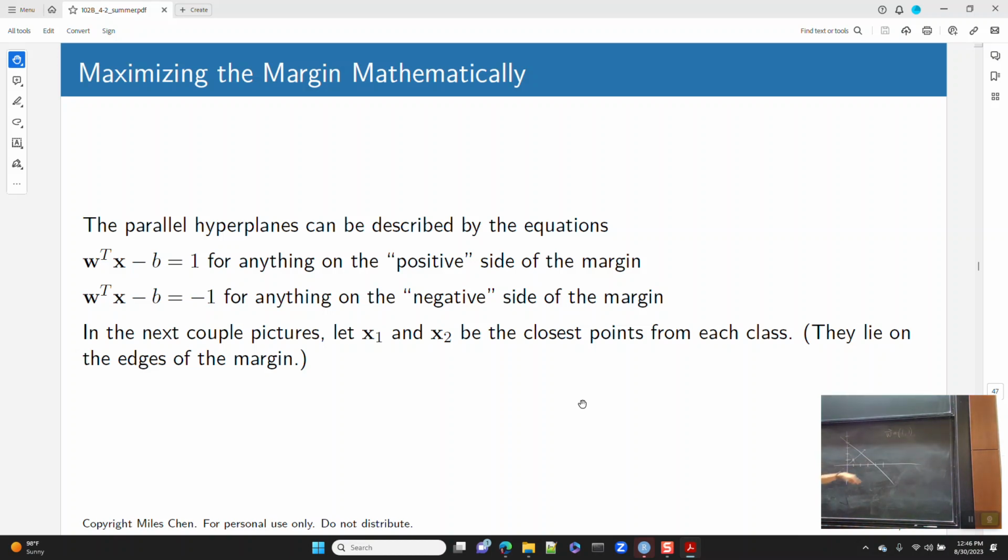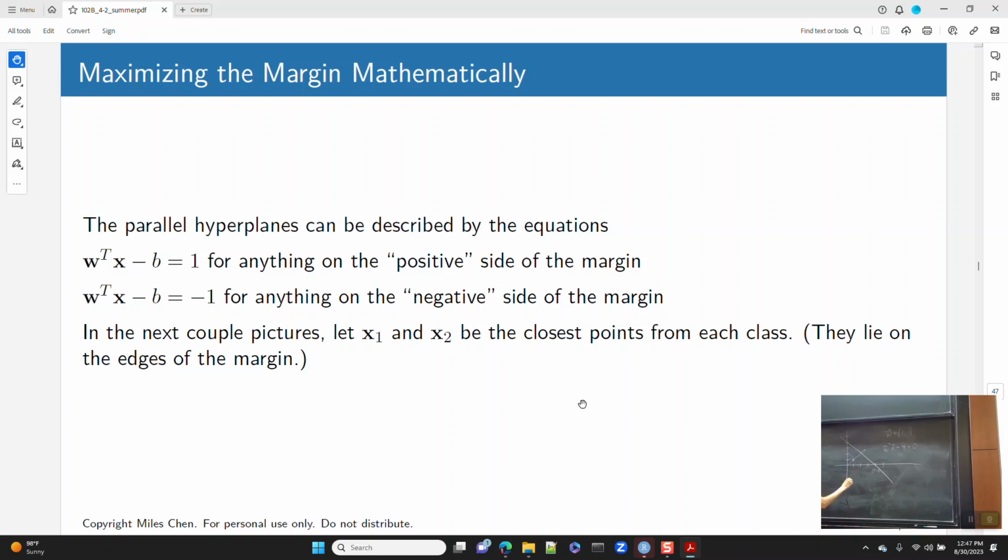Here we can say this point is going to satisfy w transpose x plus, in our case, minus 4 equal to 0, right? And so this point here would be 4 comma 0.